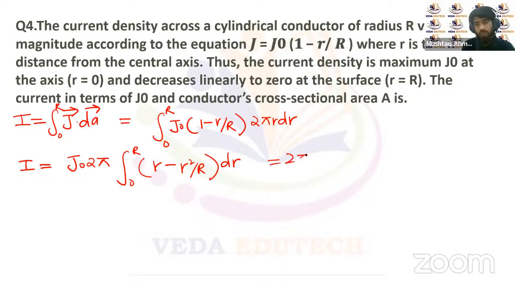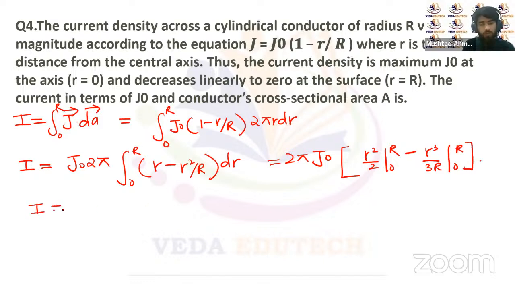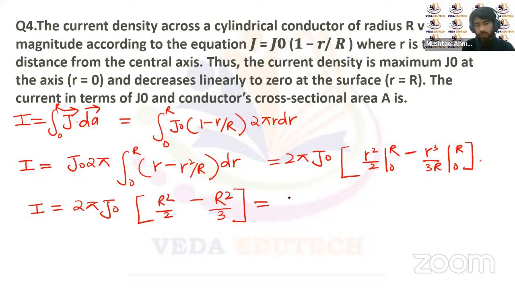So it will be 2 pi J naught, r square upon 2 with the limits 0 to R, minus r cube upon 3R with the limits 0 to R. So current here will be 2 pi J naught times (R square upon 2 minus R square upon 3), which is R square upon 6. So we get J naught times 2 pi times 1 by 6 with a factor of R square in the numerator.